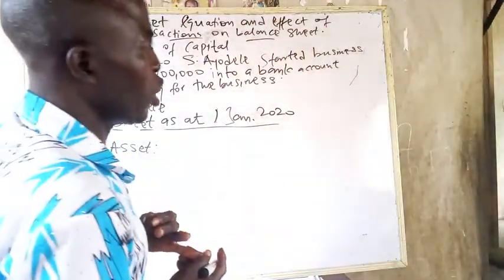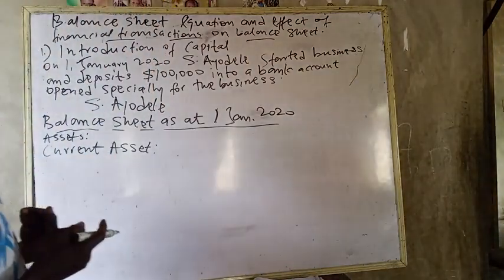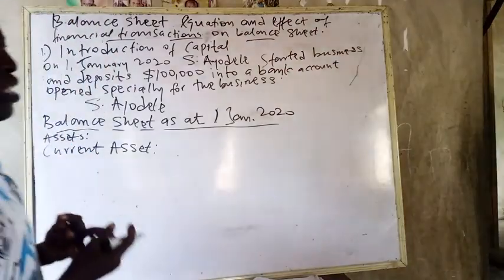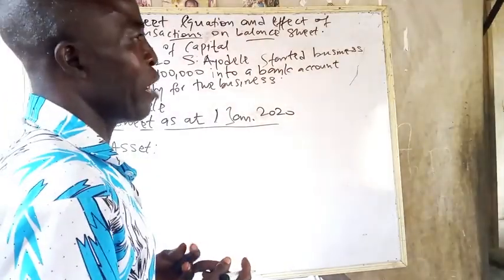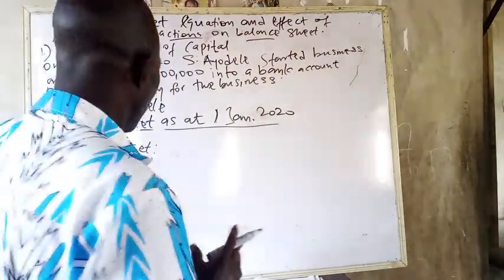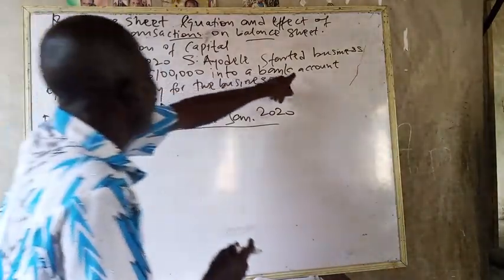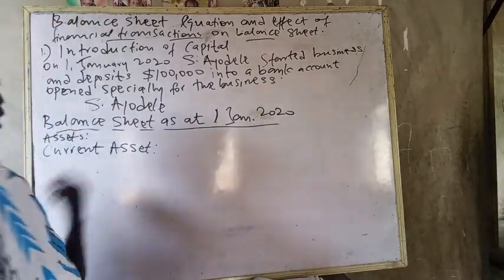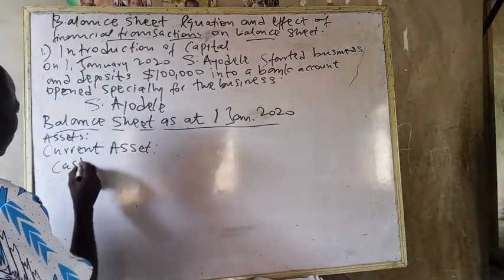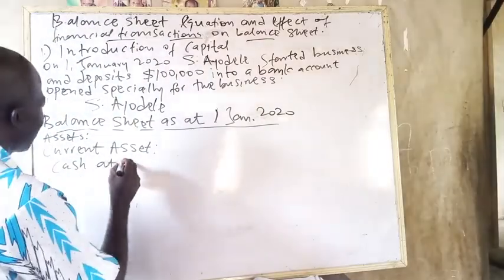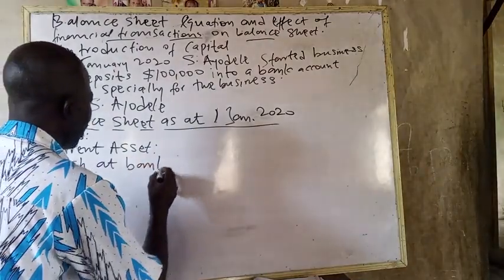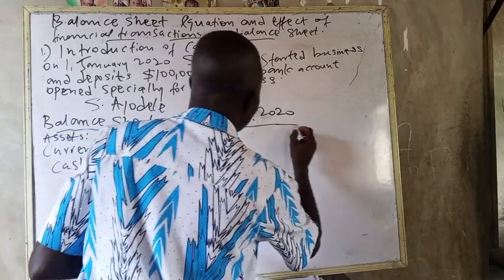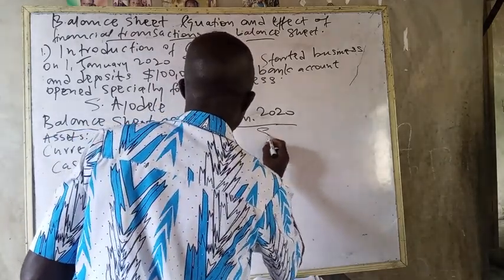Inventory is also known as stock. Receivable is also known as debtors. We have cash, at times cash in bank. Then here, where does he deposit the money? Bank, that is the cash at bank. Cash at bank.